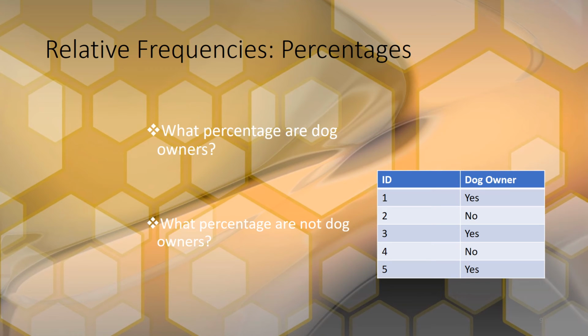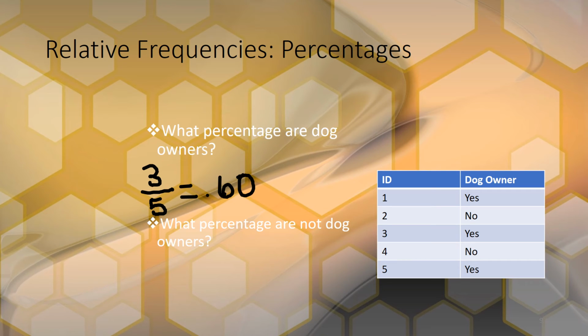So now we're going to go back to the dog owner example, but now we're going to find the percentages for each category. So what percentage are dog owners? Well, first you find the proportion again. That was 3 divided by 5. We got 0.60.